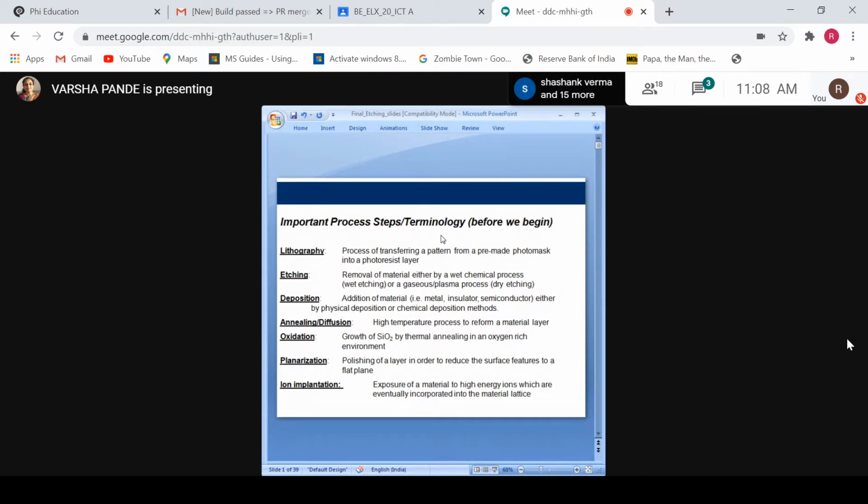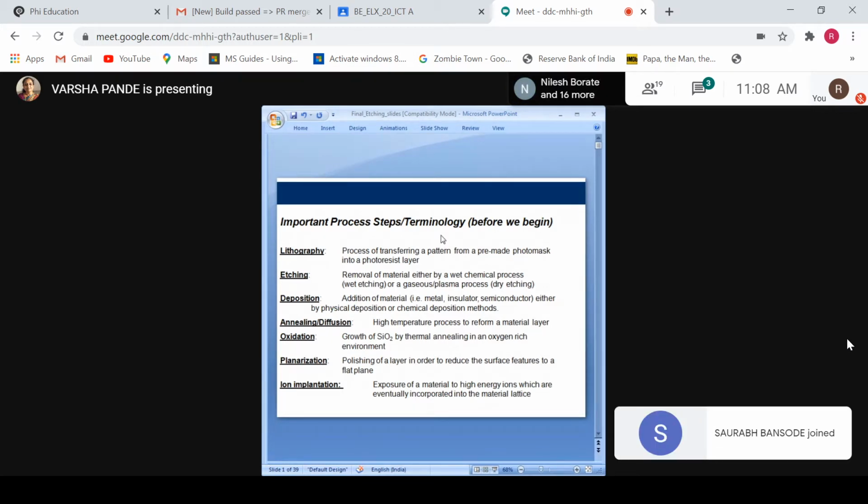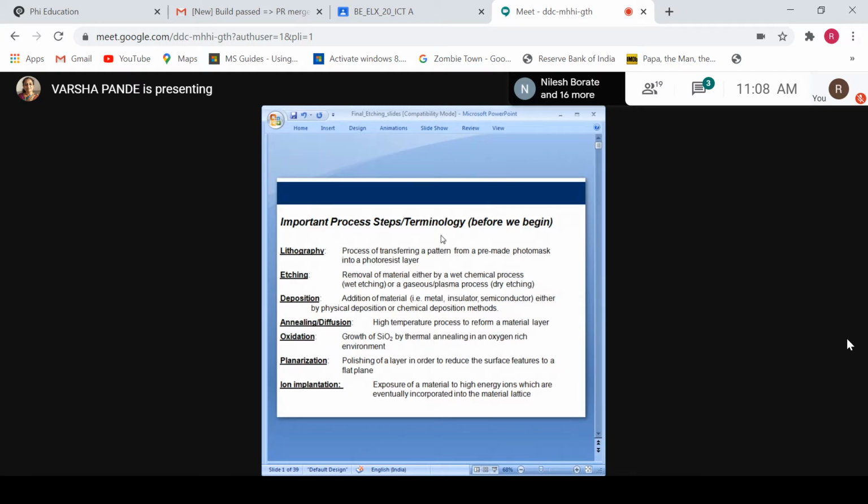Then a development solution is applied above this photoresist layer, and the unwanted part is removed. Like this, the photo mask pattern is created on the photoresist. Then when the material is removed, some windows are created, and through those windows either we can add something or we can subtract something.